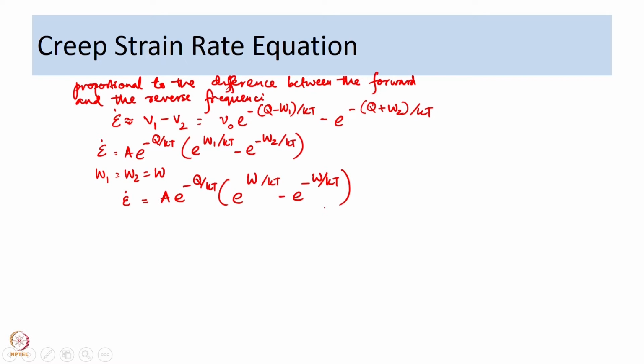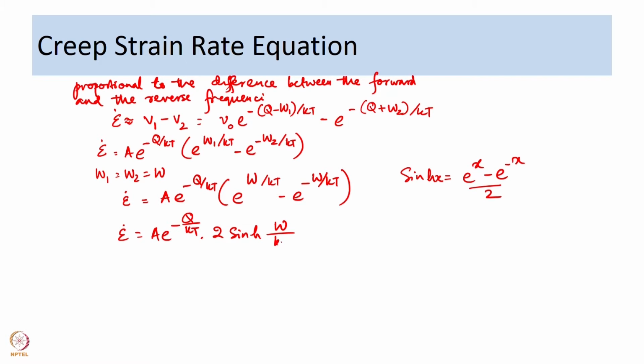If you know the hyperbolic sine function, sinh x is e to the power x minus e to the power minus x divided by 2. So, if we invoke that here, then strain rate becomes A e to the power minus q over kT into 2 times sinh W over kT.